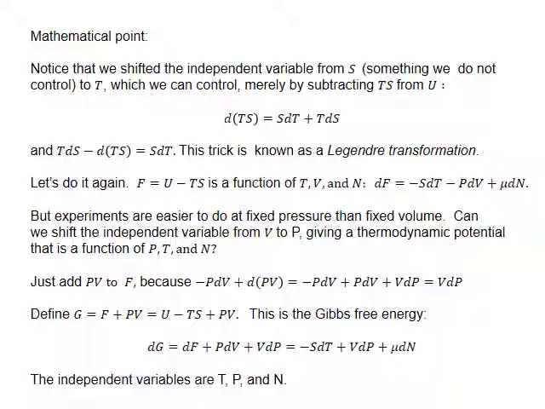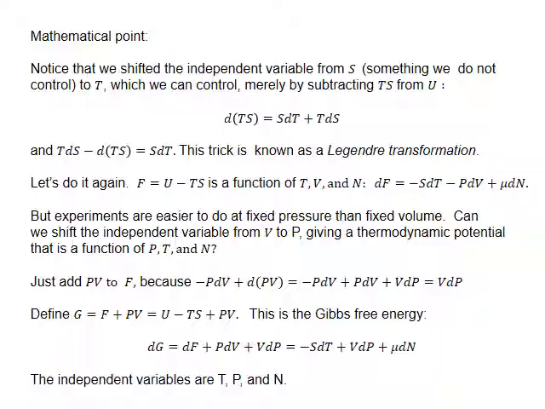Okay, so a couple of mathematical points that I'm going to finish up with. I've already made the first one essentially, and that is that one of the reasons the Helmholtz free energy is more useful than U is that we got rid of S as an independent variable and replaced it with temperature, which is something we can control in the laboratory.